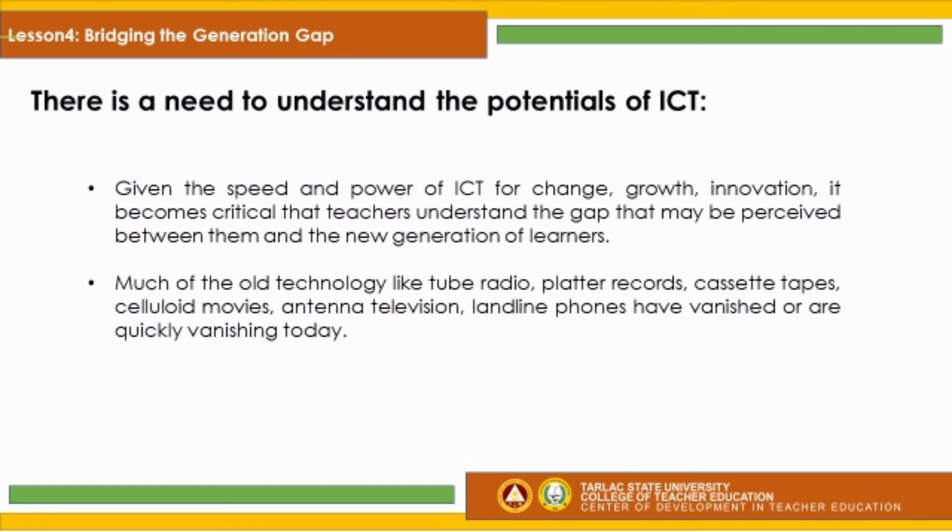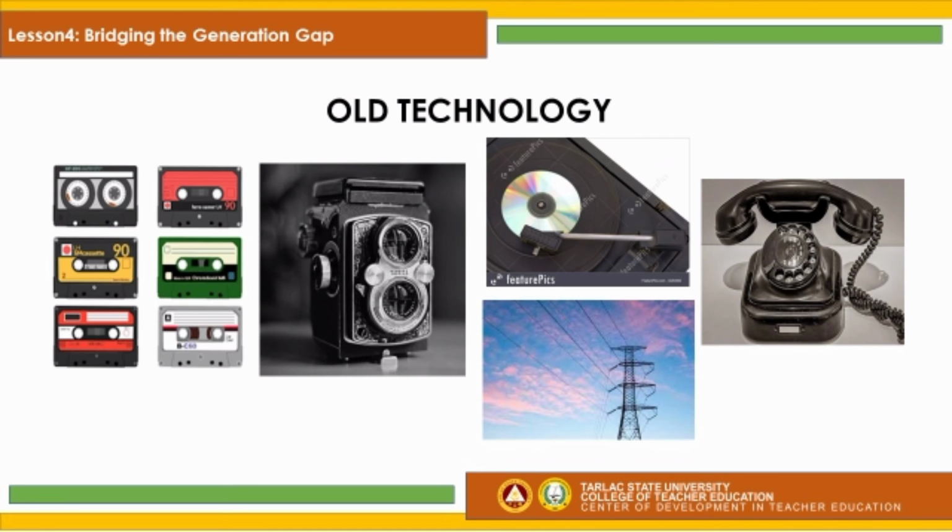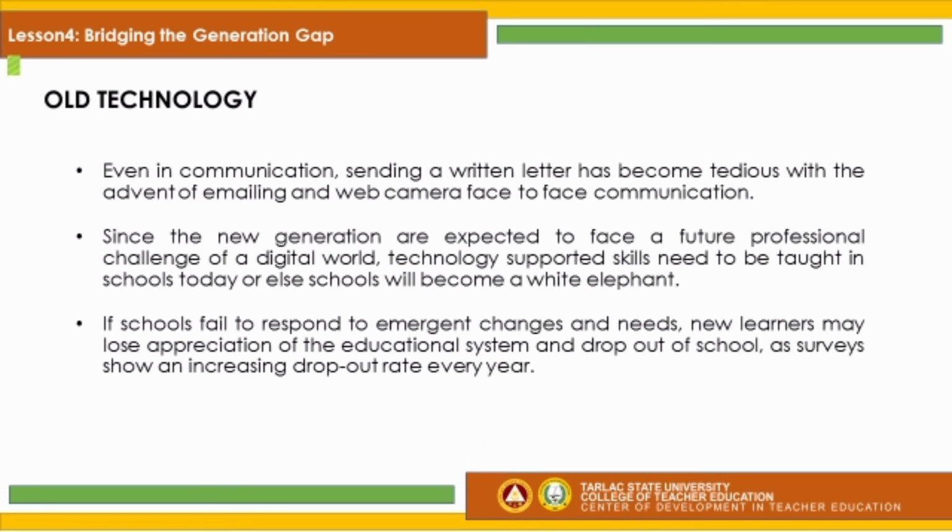And lastly, much of the old technology like tube radio, platter records, cassette tapes, celluloid movies, antenna television, and landline phones have vanished or are quickly vanishing today. And these are some of the examples of old technology. Even in communication, sending a written letter has become tedious with the advent of emailing and web camera face-to-face communication.